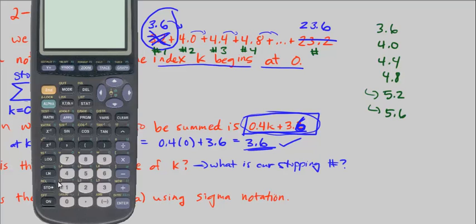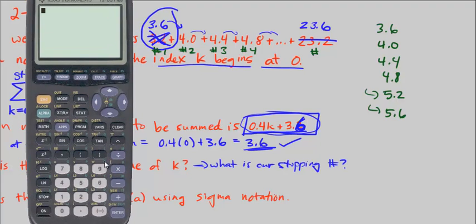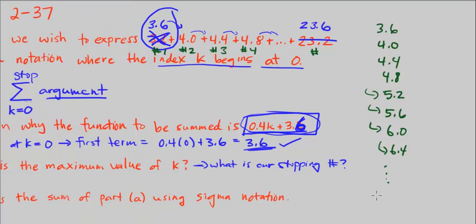You can even bring out your calculator, start with 3.6 and add 0.4, add 0.4, add 0.4, 6.4, and keep going and count how many times you do that until you get to 23.6, and then you just count.